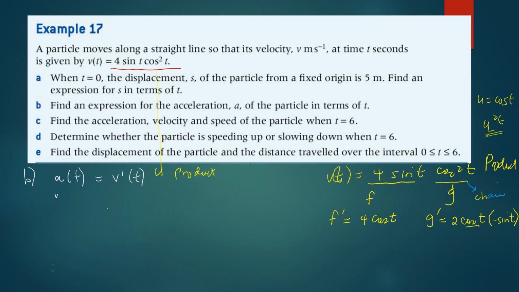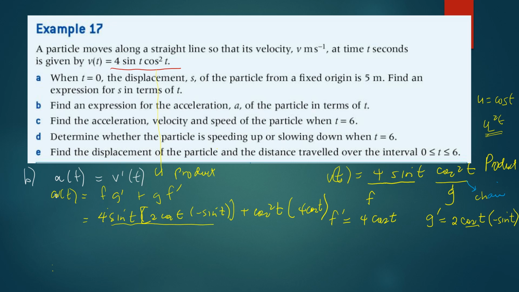Okay, as I said, this follows the product rule. What's that for the product rule? We will use f g prime plus g f prime. So copying it, we have 4 sine t, 2 cosine t, minus sine t, plus g, which is cosine squared t, and f prime, which is 4 cosine t.